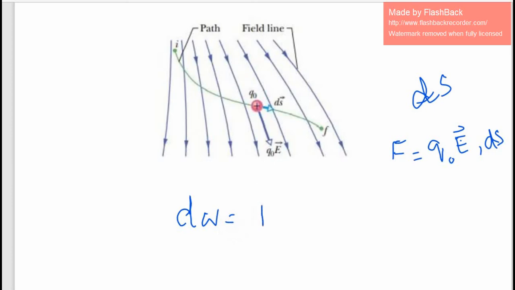We already know that work is equal to the force acting on that particle times displacement. By putting in the value of F, Q naught E, the work is Q naught E dot ds.